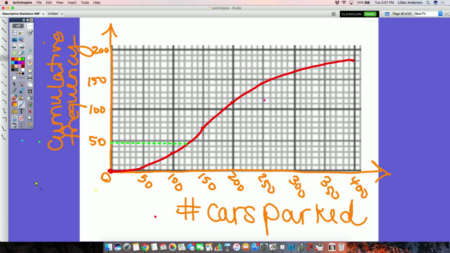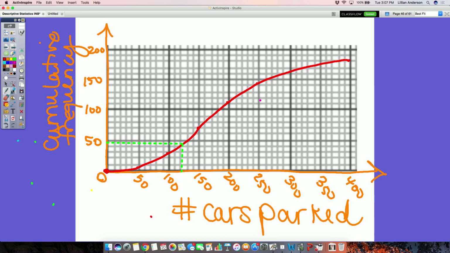And then from there, you drop down a perpendicular line to where it hits your x-axis. And then this value, whatever that x value is, of course is your Q1. Does everybody understand that? So it tells you the cumulative frequency, so you can find the Q1. Exactly. So it tells you basically where to look on your graph to find your Q1.